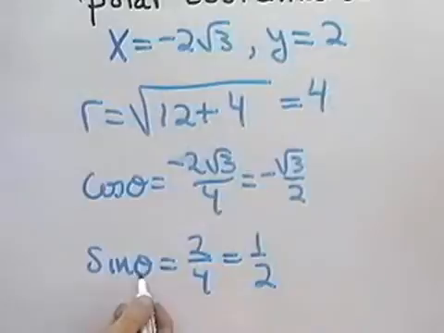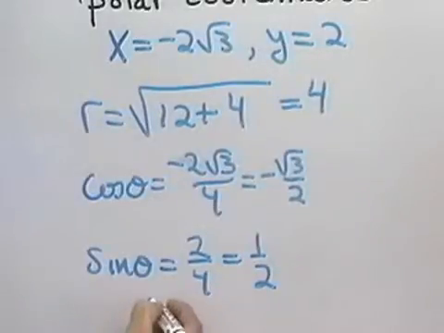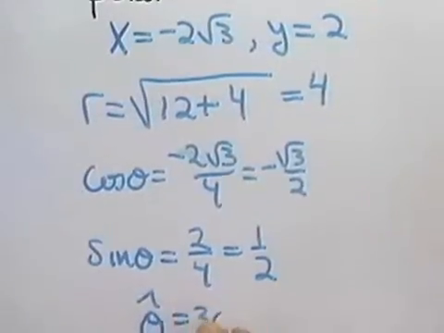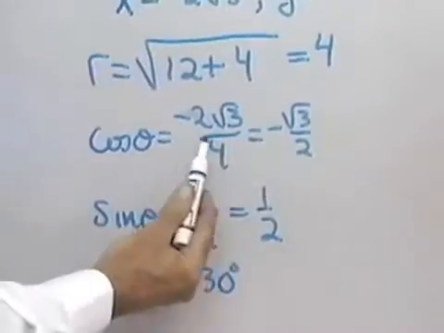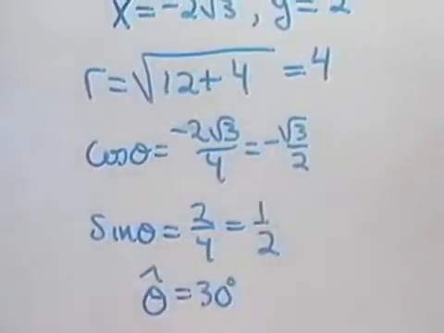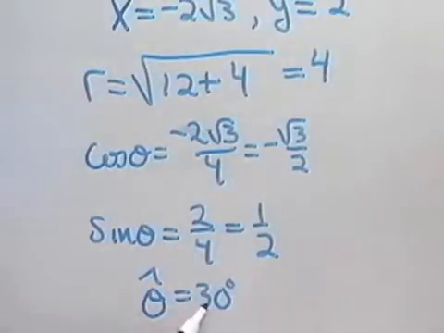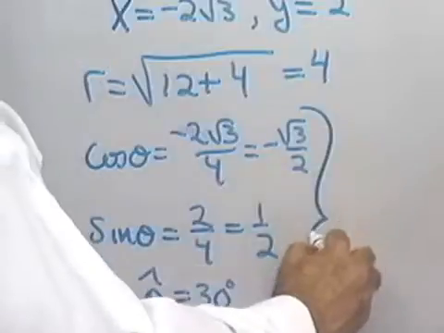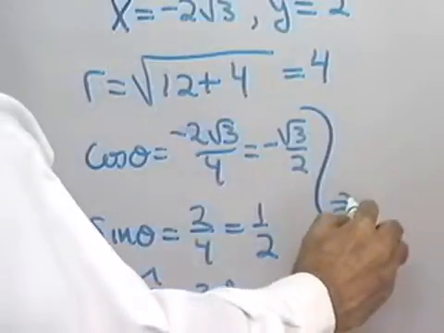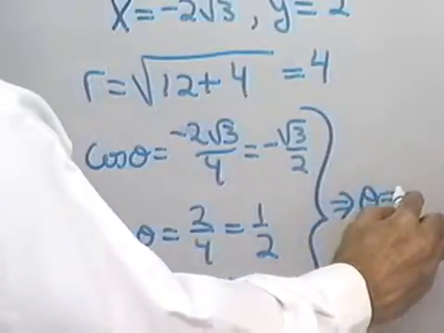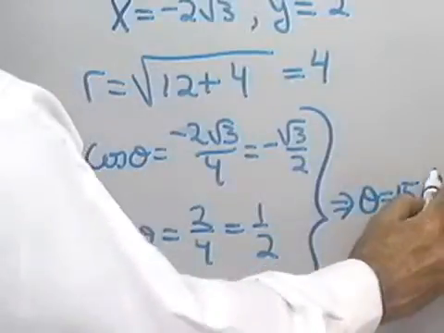So I can tell because sine theta is equal to 1/2 that the reference angle for theta is going to be 30 degrees. Then I look and see cosine is negative and sine is positive. When cosine is negative and sine is positive, I must be in quadrant number 2 with a reference angle of 30 degrees. All of this together tells me that theta is equal to 150 degrees.